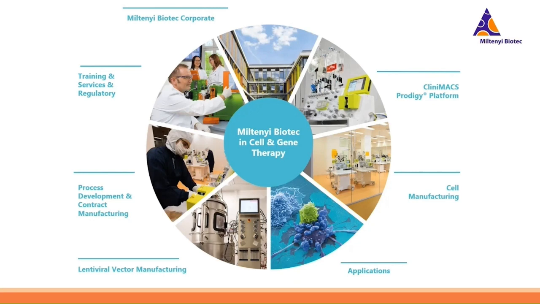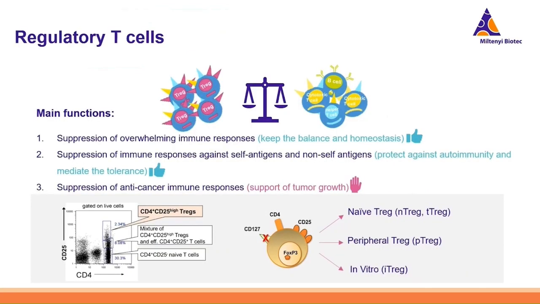So first of all, let's sum up what regulatory T cells are actually doing. They have a really pivotal role in the immune system. They have three main functions. The first is to suppress overwhelming immune responses, and by this, Tregs are keeping the balance and the homeostasis in the body. The second function is to also suppress immune responses against self-antigens.